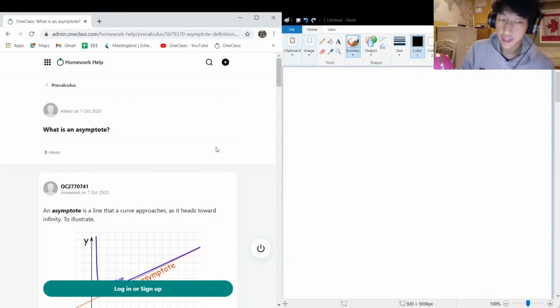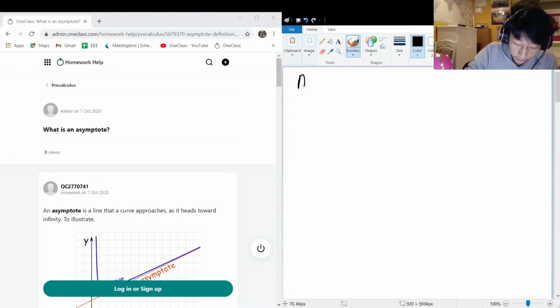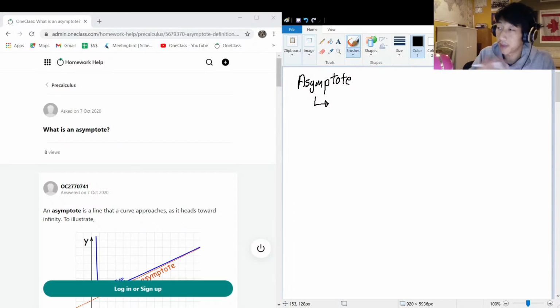So our first question is asking us, what is an asymptote? Now, an asymptote in math is kind of like a graph, or in a graphical sense, because this is typically the best way to visualize it.